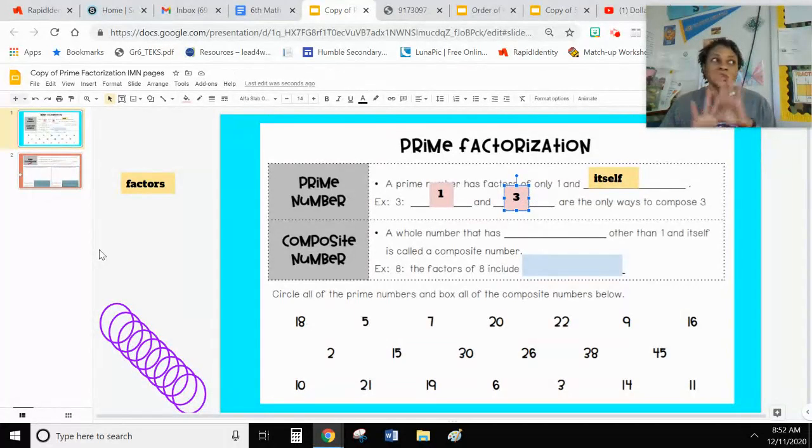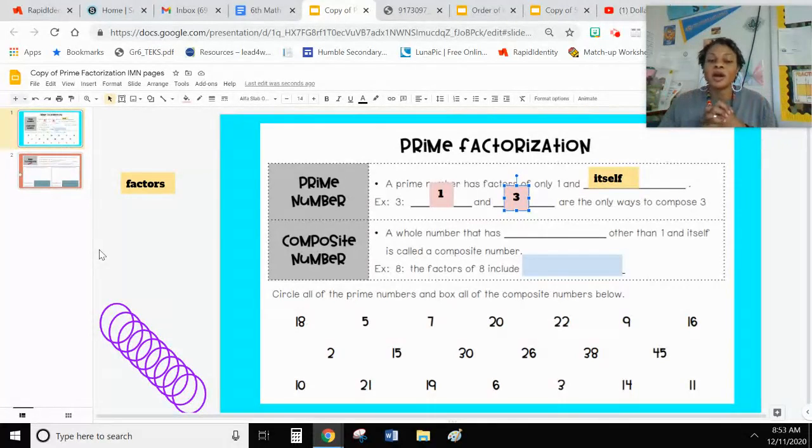That means that it doesn't matter where I go in the world, the only numbers I can multiply to get 3 is 1 times 3. The only numbers I can multiply to get 2 is 1 times 2. I can only multiply 1 times 5 to get 5. There are no other numbers I can multiply to get 5 or 3 or 2. So prime numbers only have 2 factors, 1 and itself.